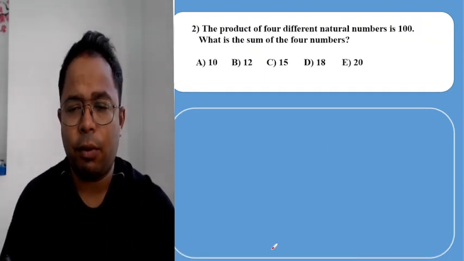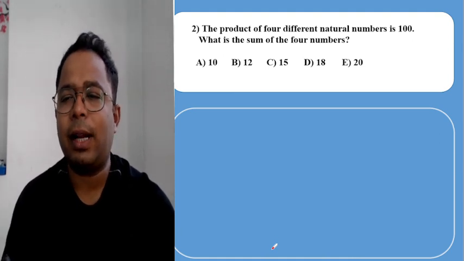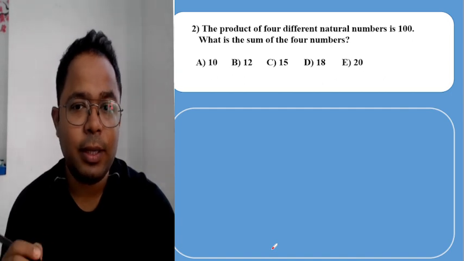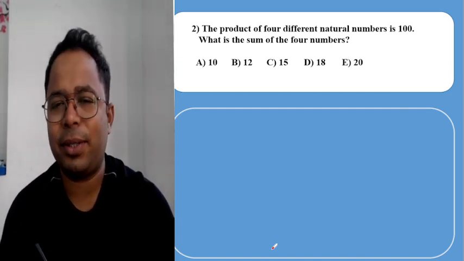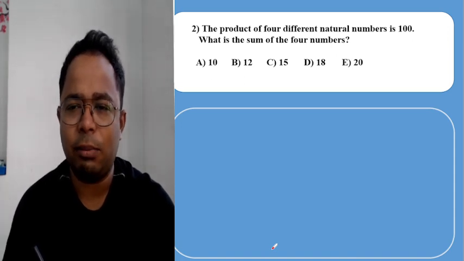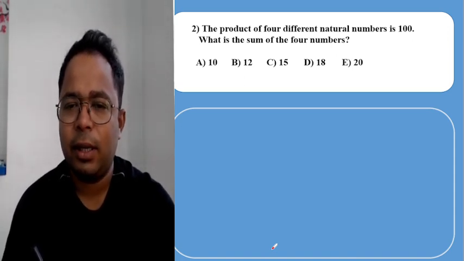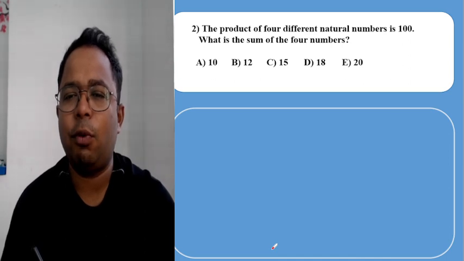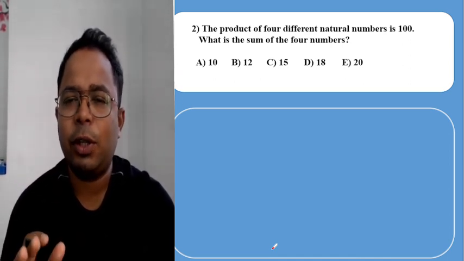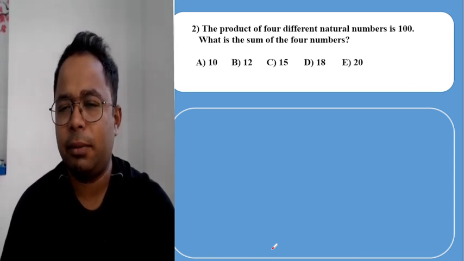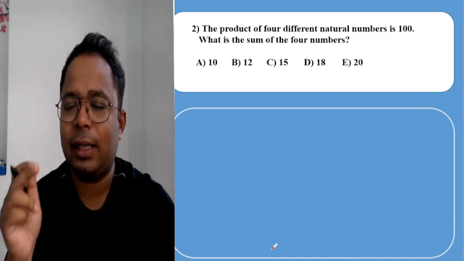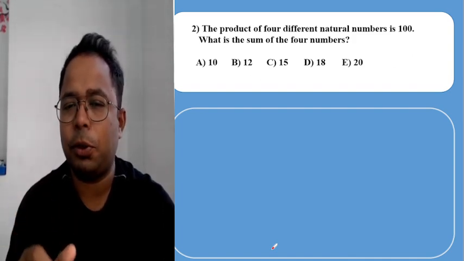The product of four different natural numbers is 100. What could be the sum of these four numbers? Think of four natural numbers which give you the product 100, and the condition is that their sum should be in the options.